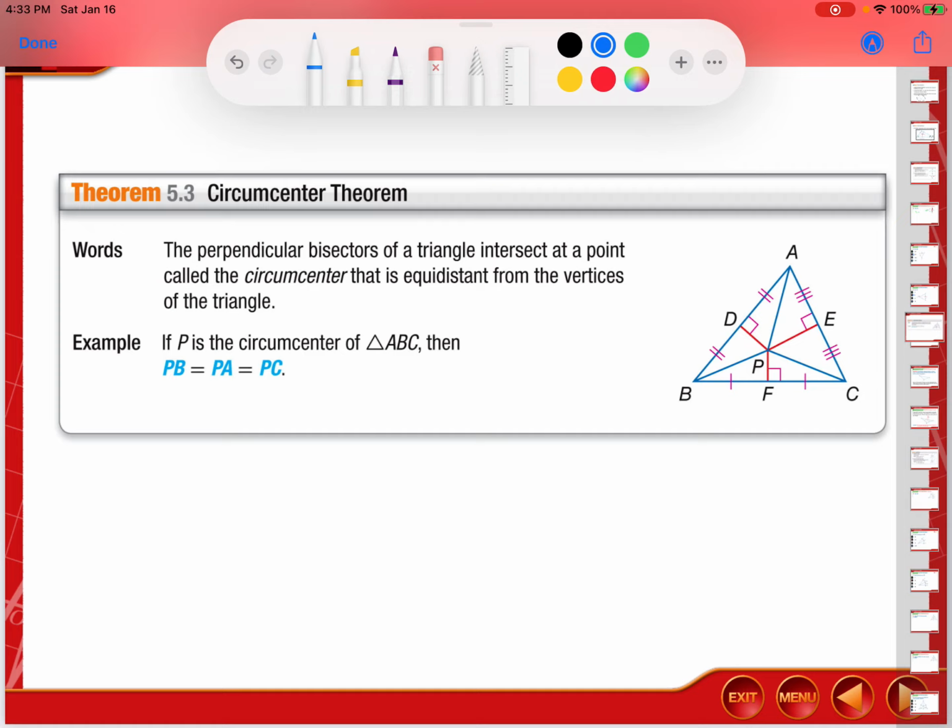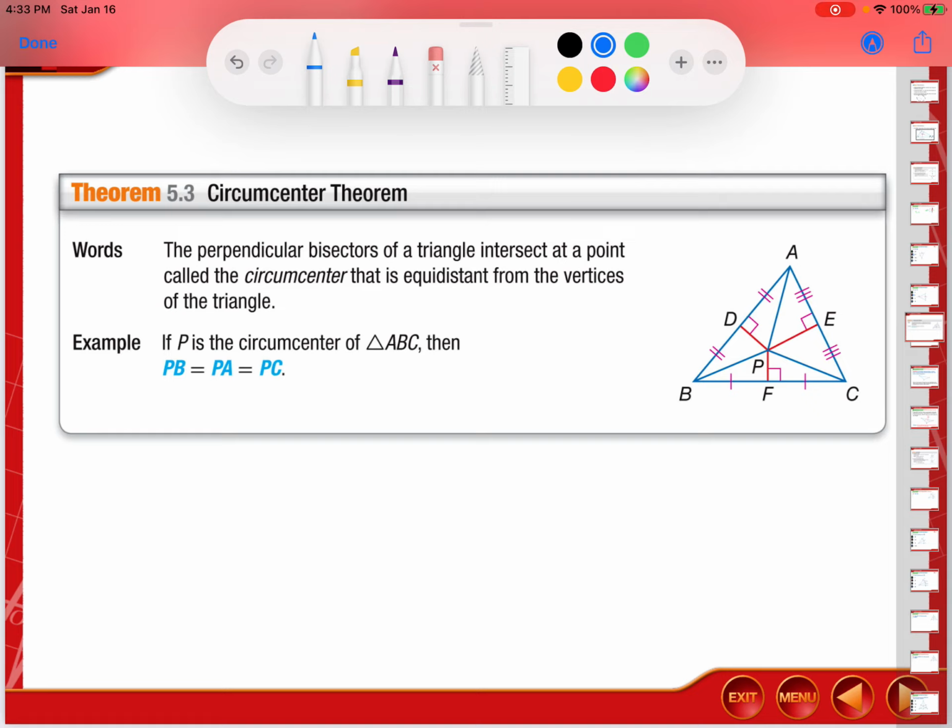All right, now we get into the circumcenter theorem. So what the circumcenter theorem says is that the perpendicular bisectors of a triangle intersect at a point called the circumcenter that is equidistant from the vertices of the triangle.